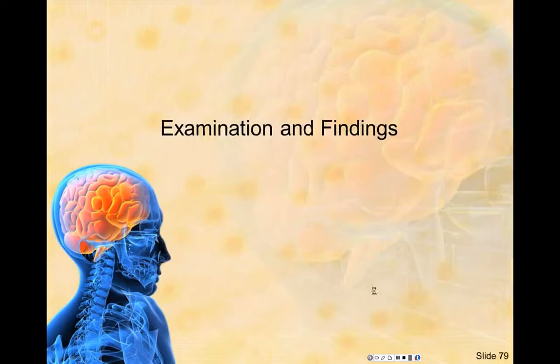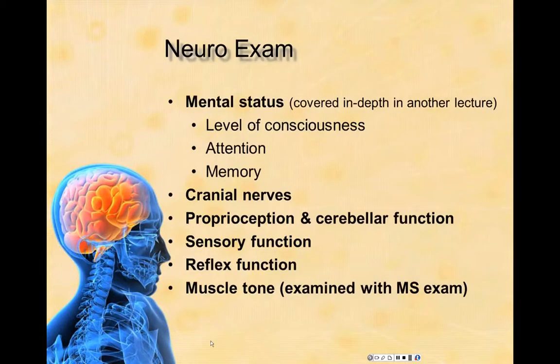All right, so let's move on to the exam. So the big part of the neuro exam is to evaluate the mental status. This is covered in depth in another lecture, so I won't focus on that. But remember, the mental status is going to include the level of consciousness, their attention, and their memory.